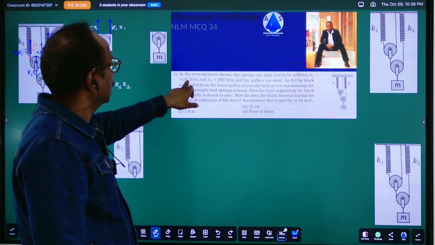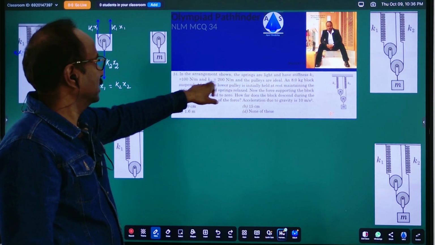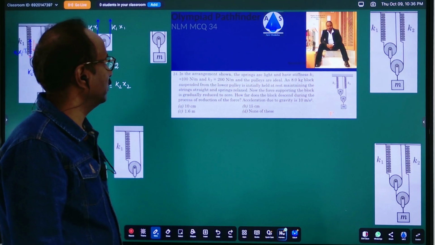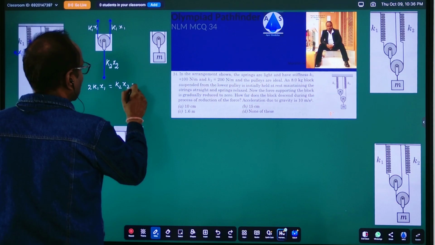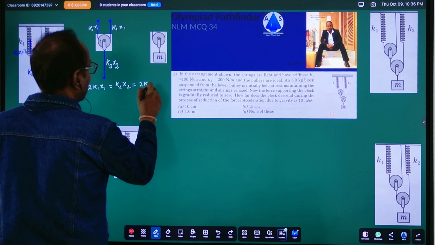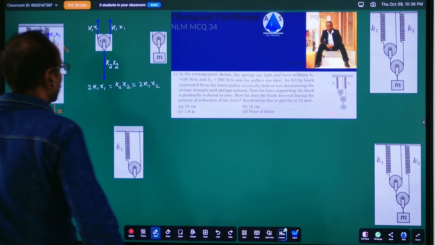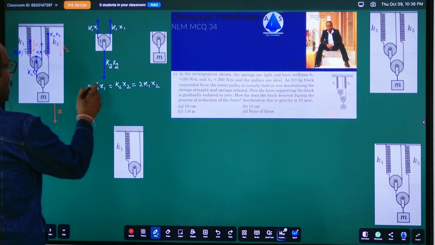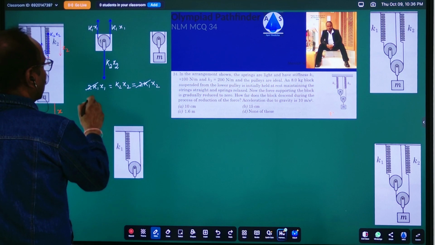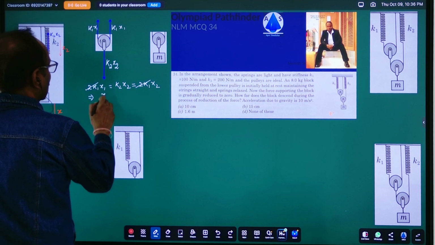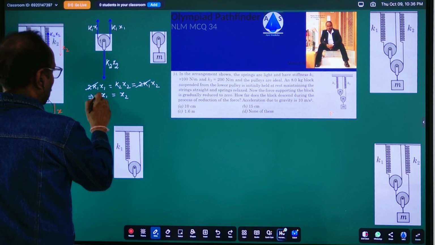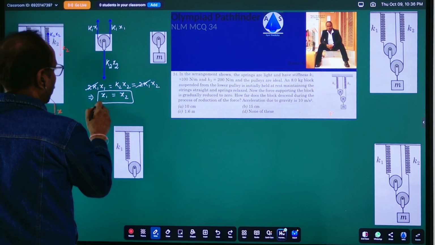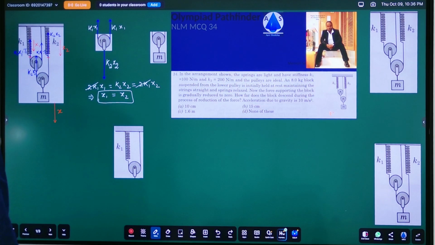K2 is 2 times K1 from the numerical values given here. So you can replace it with 2 K1 X2. Here this and this will cancel out. X1 will be equal to X2. So this is one piece of information which you will have.